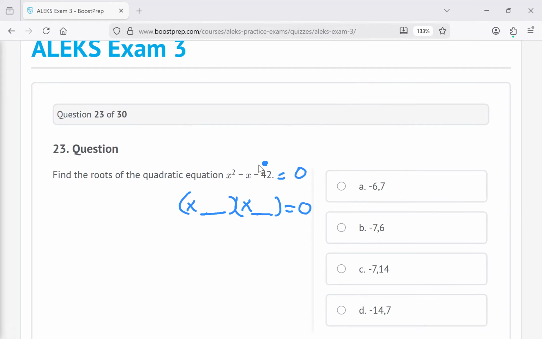So what two numbers multiply to negative 42 and when added give you negative 1? Well, that's definitely 7 and 6, and I'll use negative 7 and positive 6, right? Two numbers that multiply to negative 42 and add to negative 1. Then what you've got to do is solve for x. So my x is going to be positive 7 and negative 6. Letter A.